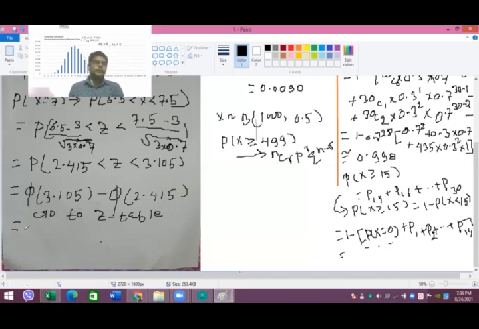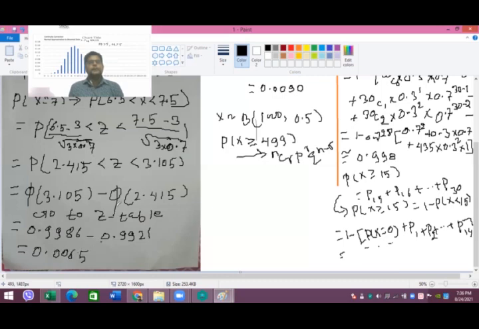So this value I have found as 0.99, and the probability for the other is 0.9921, and then finally my answer is 0.0065.